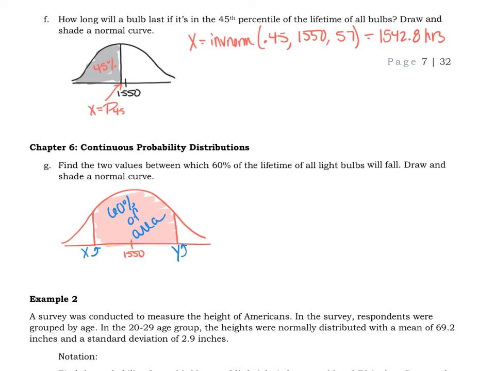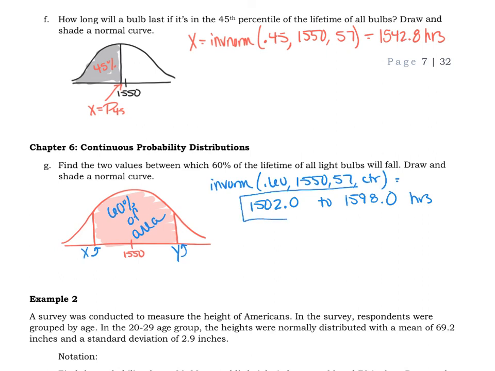On the low end, rounding to the nearest tenth, you will get 1502.0. And on the upper end, you will get 1598.0, also rounding. That means the middle 60% of light bulbs will last from 1502 to 1598 hours. All you need to do is tell it you want the center, and it will calculate both of those for you.